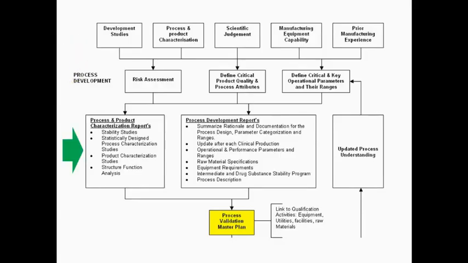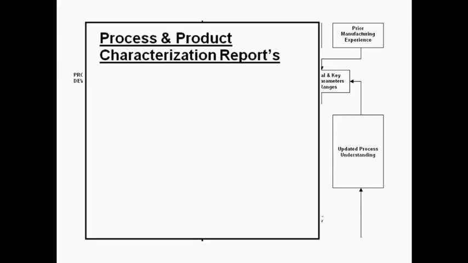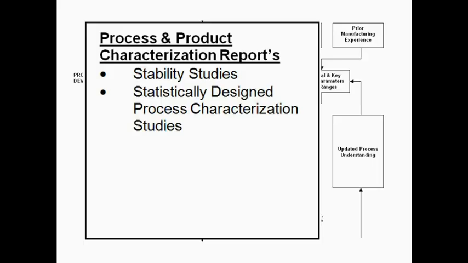During process development, we will have process and product characterization reports. Naturally, we will have a report on stability studies of our intermediates and our final drug substance protein therapeutic. We will have statistically designed process characterization studies and statistically designed product characterization studies.